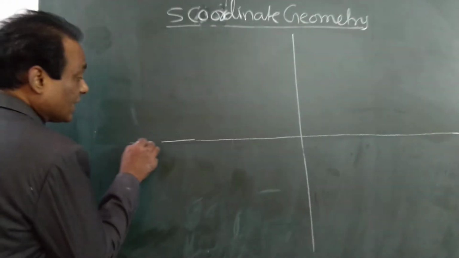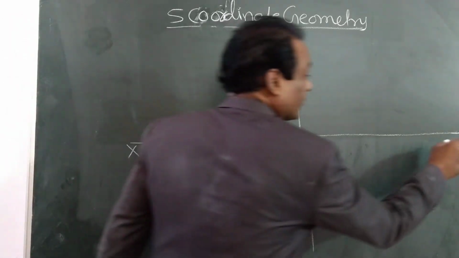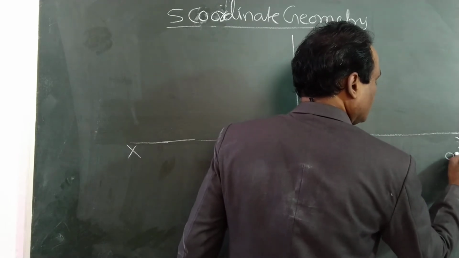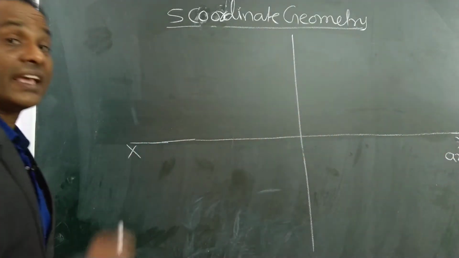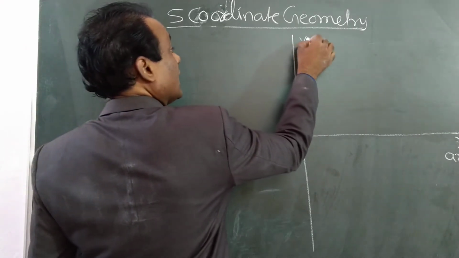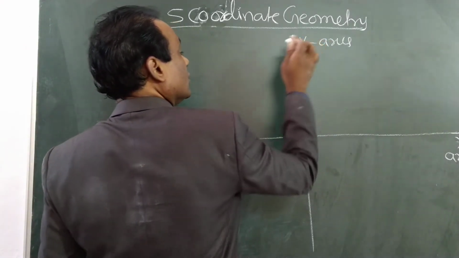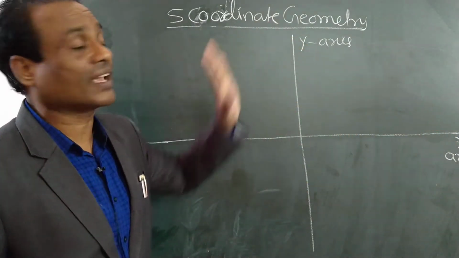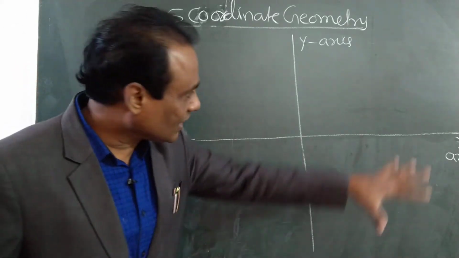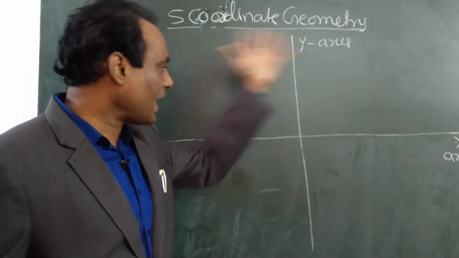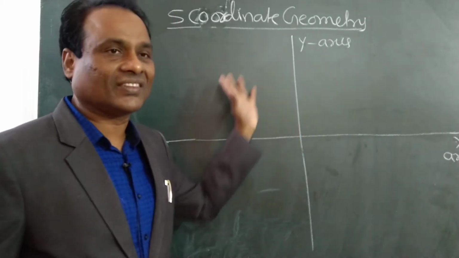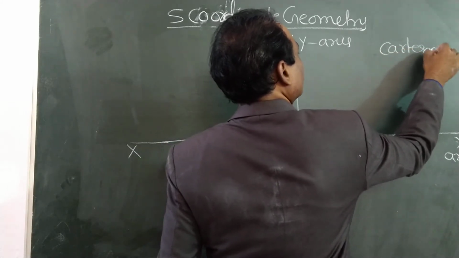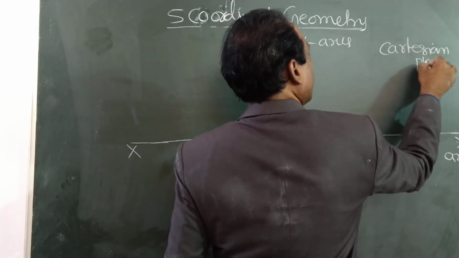This horizontal reference line is called the x-axis. The vertical reference line is called the y-axis. The horizontal reference line is called the x-axis and the vertical reference line is called the y-axis. This total system, this plane where the x-axis and y-axis lie, is called the Cartesian system, the Cartesian plane or Cartesian system.